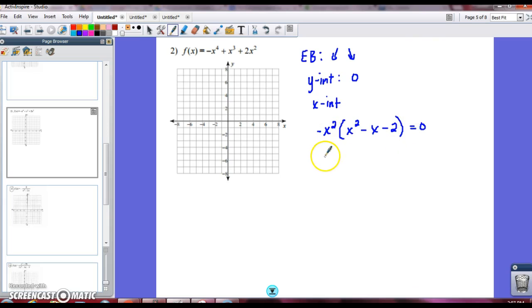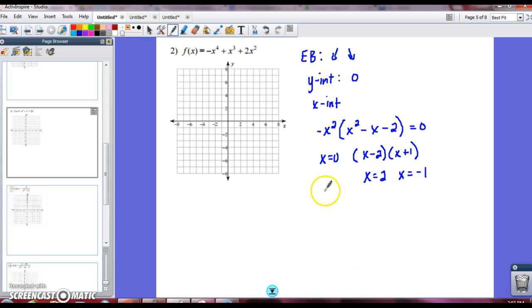And so that would give me x equals 0 over here. But remember, there's two of them, so that has a multiplicity of 2. And then here we end up with x minus 2 and x plus 1. And so our roots are at x equals 2 and x equals negative 1.